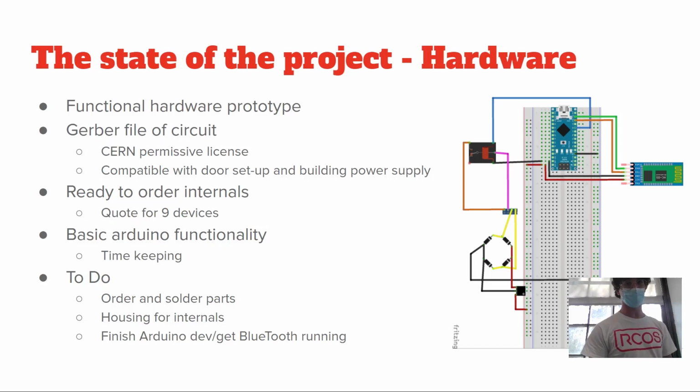Now we have a quote for 9 of these devices that we can hopefully get out and running pretty soon. We've also done a lot of work on getting open source licensing for the hardware. I'll go into all this later.